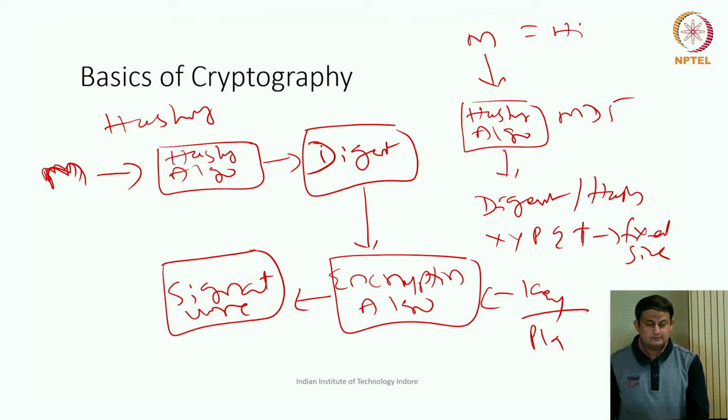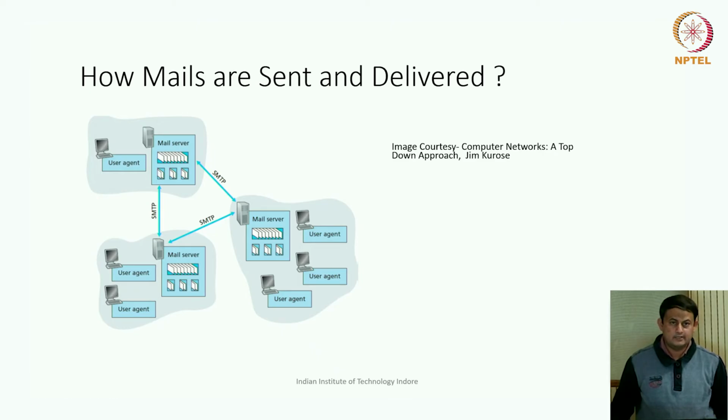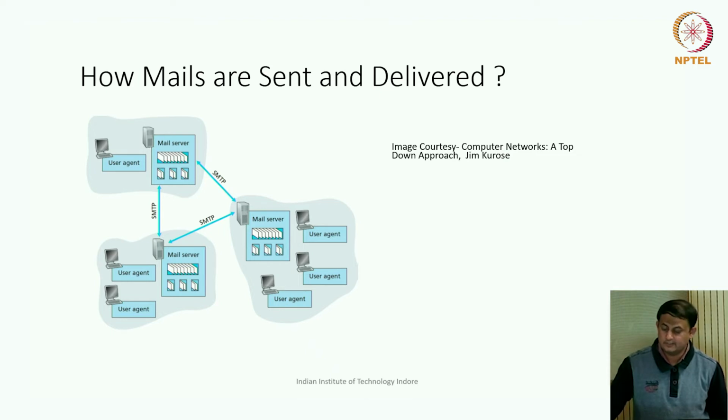So with that cryptographic background, let's see how an email communication actually happens. Typically, how exactly is a mail sent from a sender to the recipient? This is a setup, a diagram taken from the computer networks textbook by Jim Kurose.